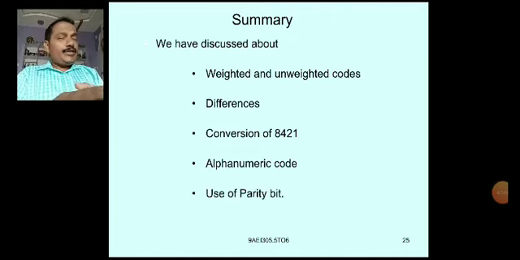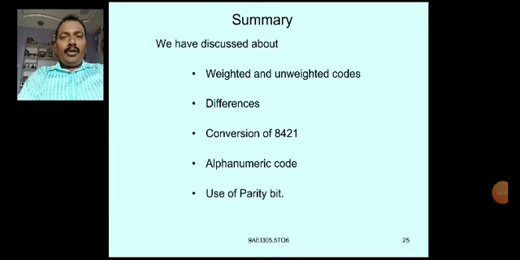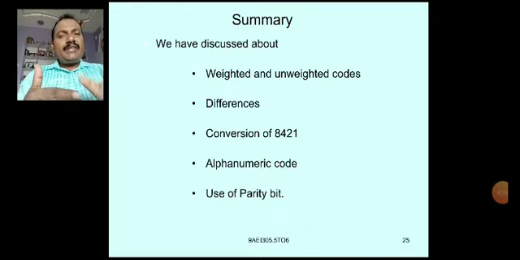And we have discussed the parity bit. There are two types of parity schemes available: even parity scheme and odd parity scheme. To the message signal, you add a parity bit such that the total message is even, then it is called the even parity scheme. And if you add a parity bit such that the total message signal has an odd number of ones, then it is the odd parity scheme.